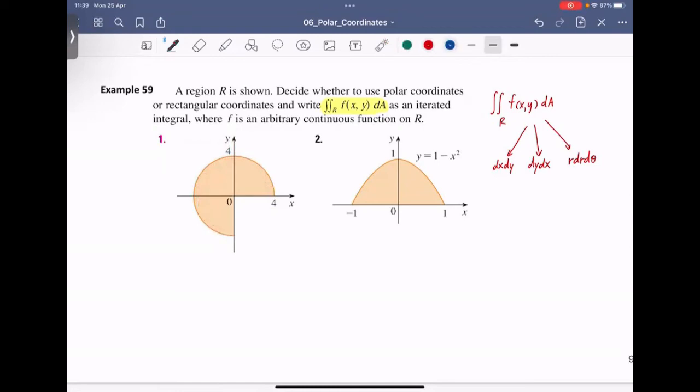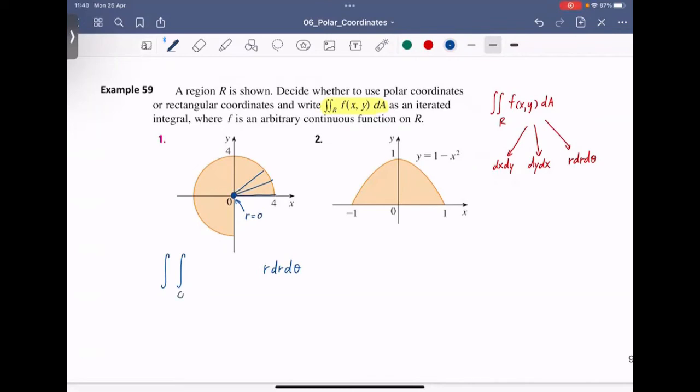So if I want to set up the double integral, it's going to be a double integral r dr d theta. So r starts from what to what? This is the pole. Every time in the double radius, you start from the pole and hit the circle, all the way, all the time. The pole means r equals 0, because you don't have any radius.